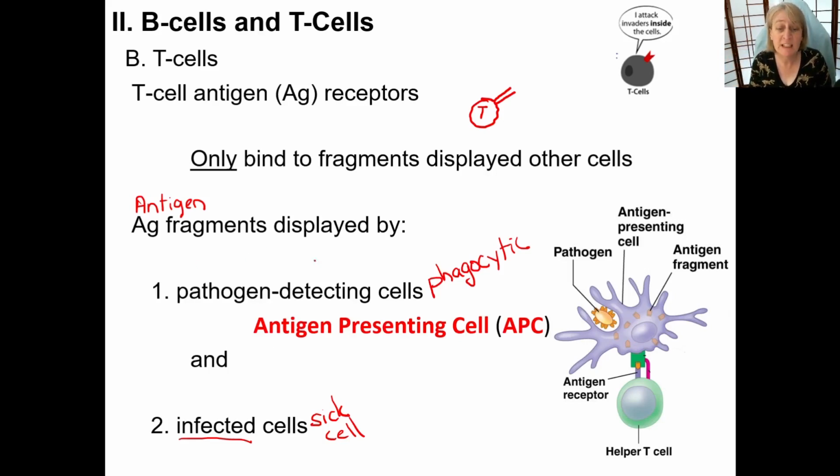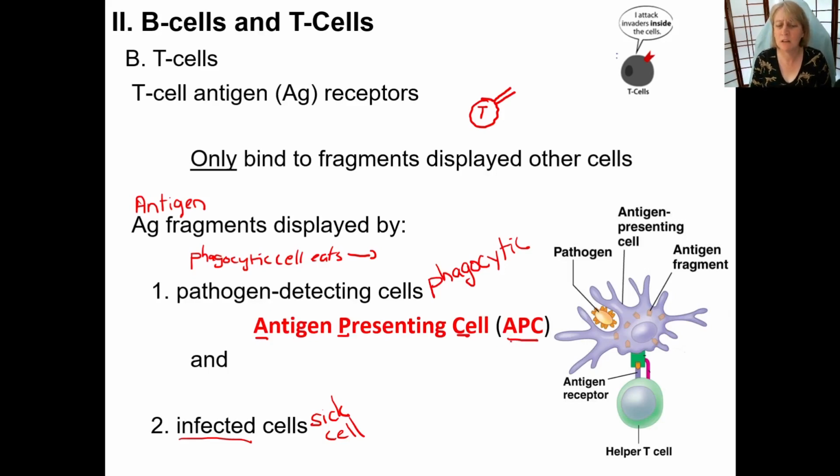As soon as it eats, or phagocytizes, it turns into an antigen presenting cell. It's displaying an antigen, or something that's going to stimulate an antibody response. And we'll call it an APC.